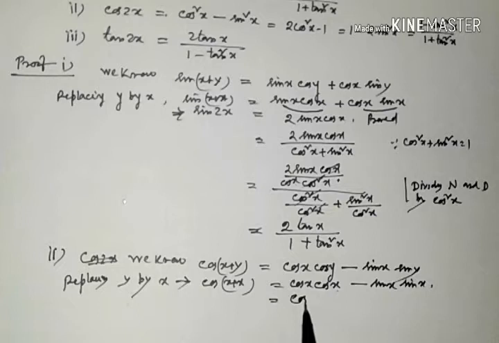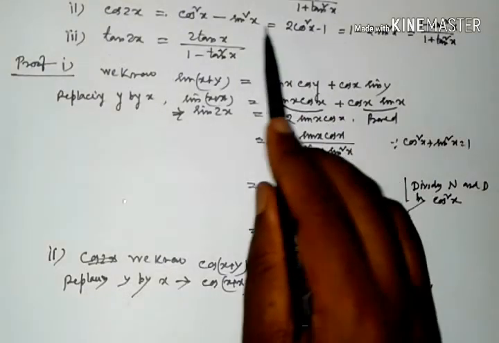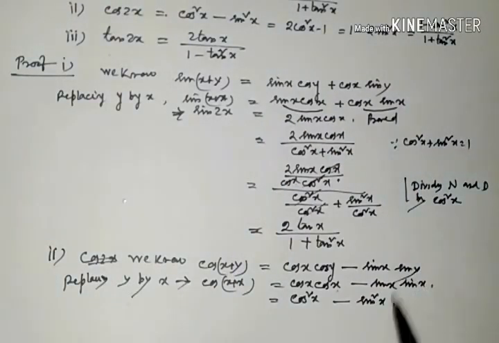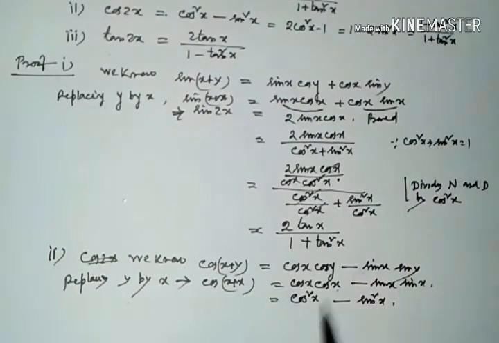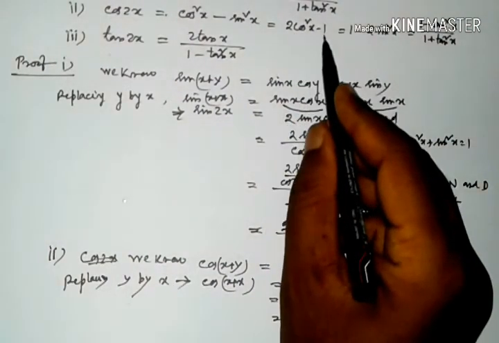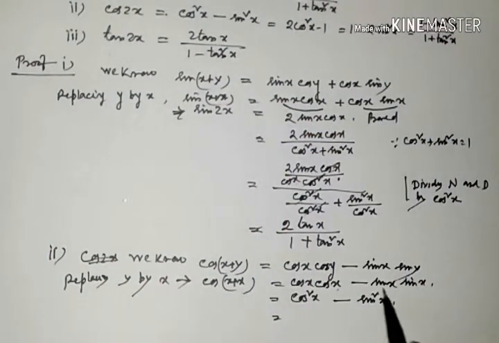Therefore, we can write it as cos square x minus sin square x. This is cos 2x. From this also we can prove 2 cos square x minus 1. So we have to convert sin square x to cos square x.